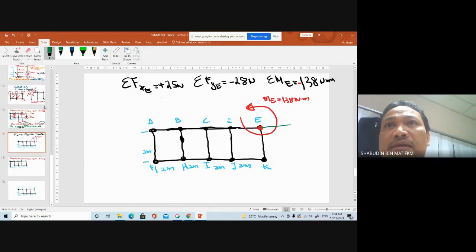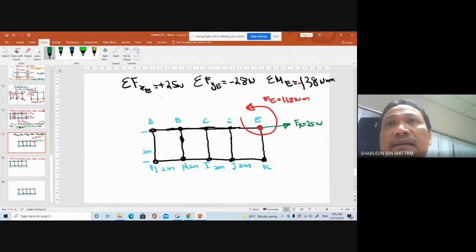Fx is 25. F in X is equal to, how much? 25 Newton, as what we did in the resultant.